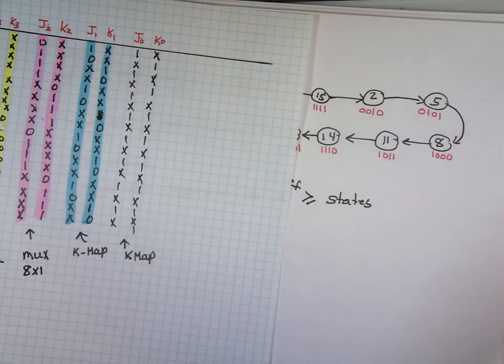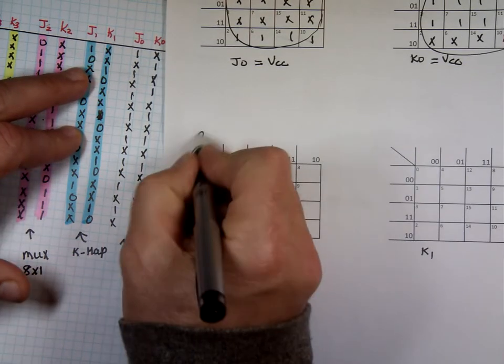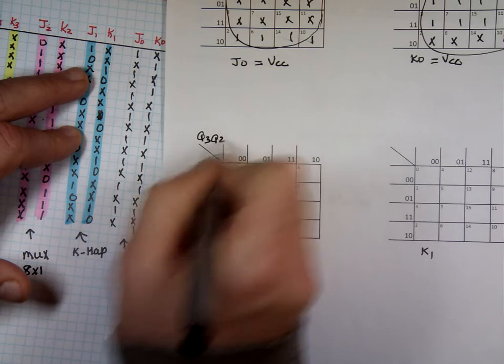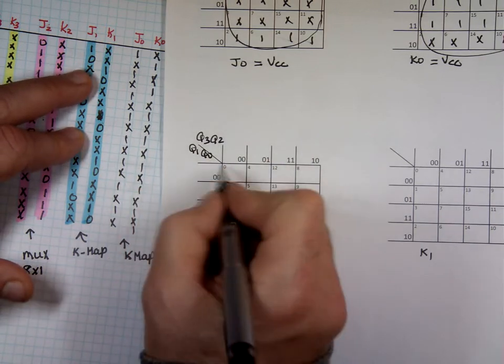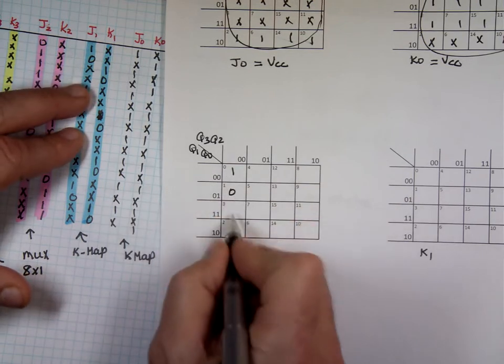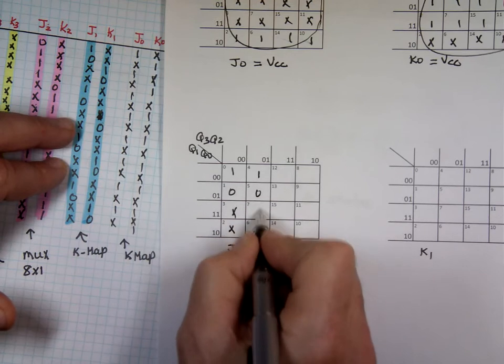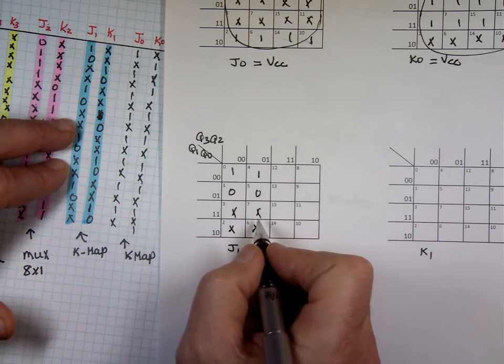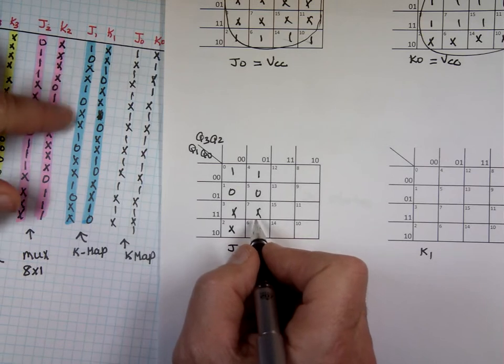Now let's look at J1. 1, 0, don't care, don't care. 1, 0, don't care, don't care. And it looks like it repeats its pattern, right? Yep, it should stay with that pattern.